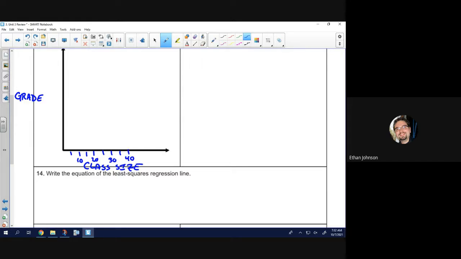For our grade, it ranges from about 45 to 100. So I want to do the heartbeat thing again. So I can start at 45 and I'll probably count by 5s again.